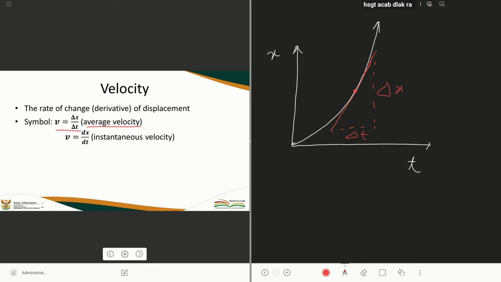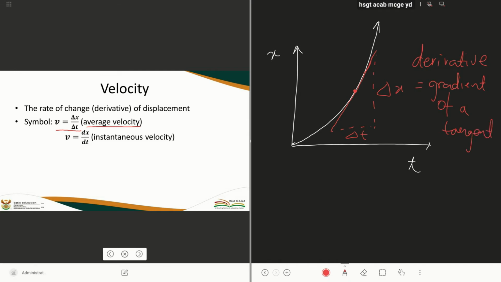All right, but now, earlier on in earlier lessons, you guys were told that the derivative is equal to the gradient of a tangent.